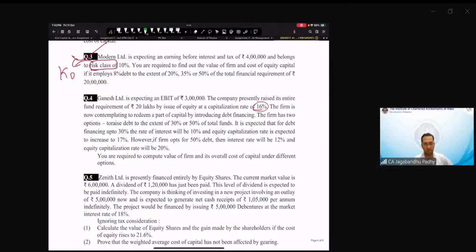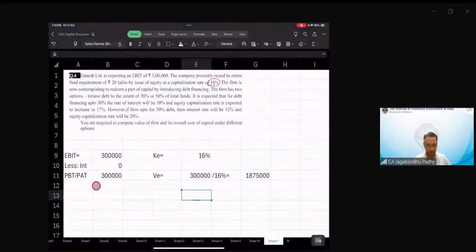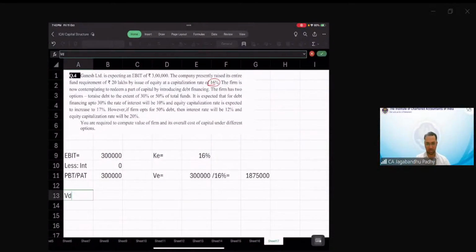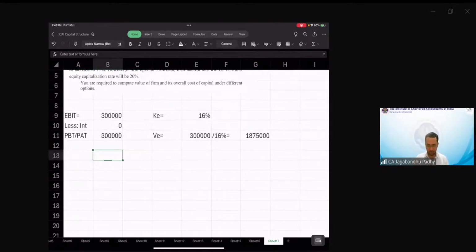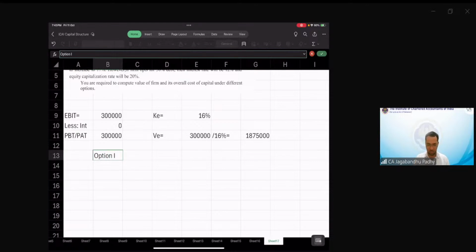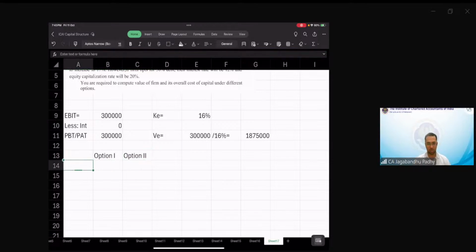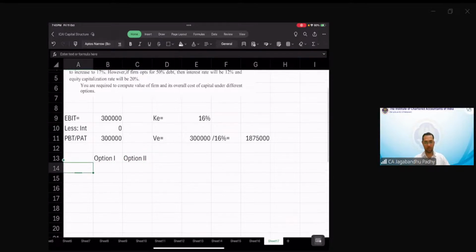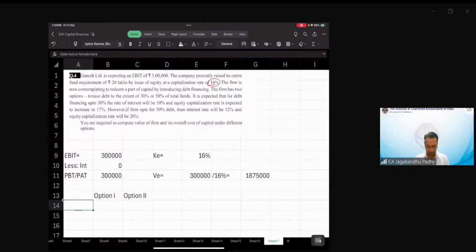Now we are looking to redeem a part of our capital by introducing debt financing. So debt financing means we need to look at the value of debt, right? And for that debt, we have got two options. Either we can get 30% of the total funds or 50% of total funds as the debt. So let's take two options, option 1 or option 2, for the amount of debt.